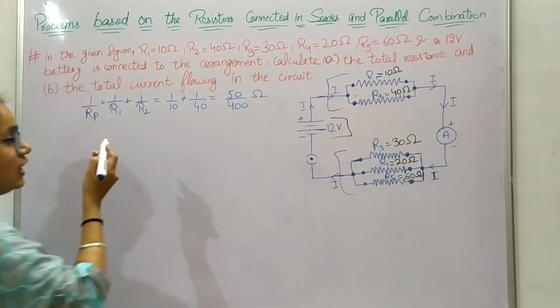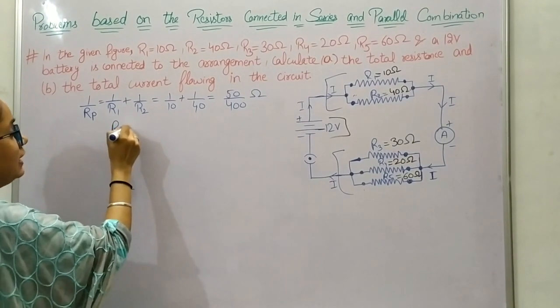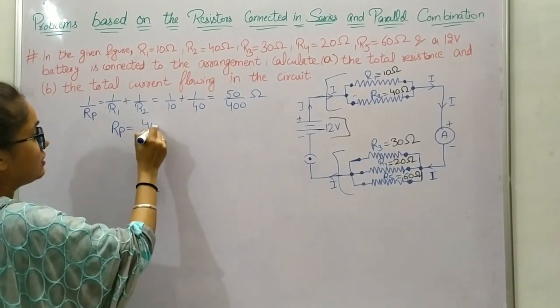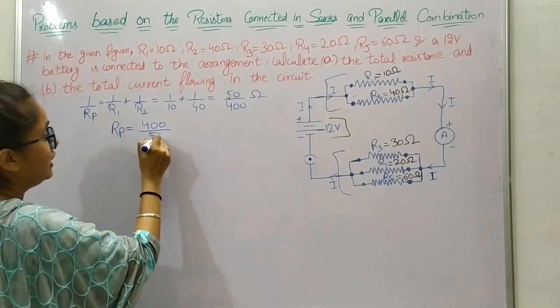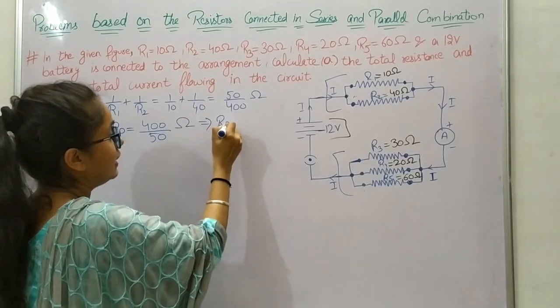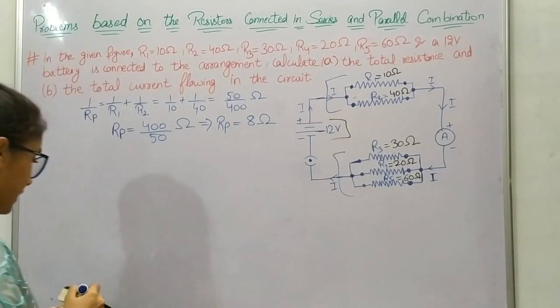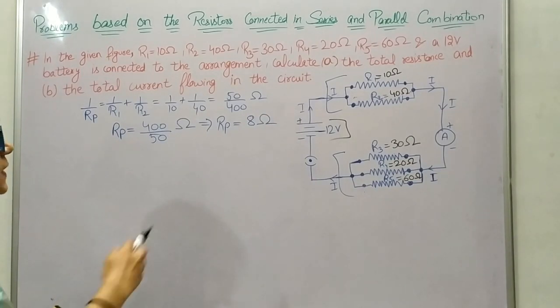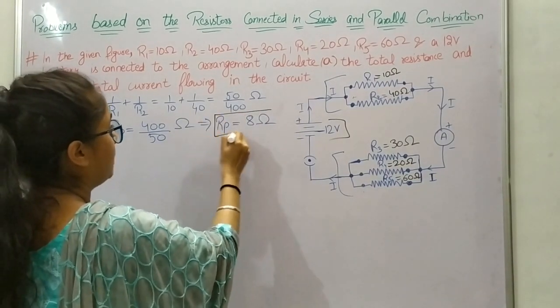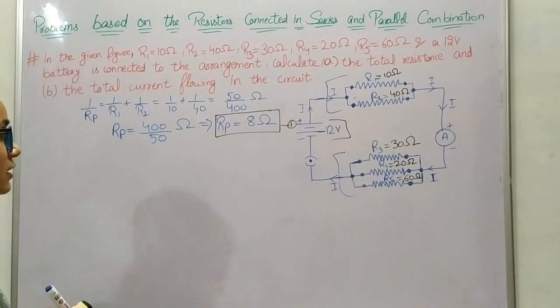This is the value of 1 over Rp. But we have to find the value of Rp, so it would be 400 over 50 ohm. That means Rp equals 8 ohm. This is the value of our first part. Rp equals 8 ohm. We're going to name it as equation number 1.